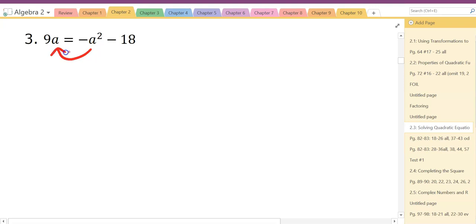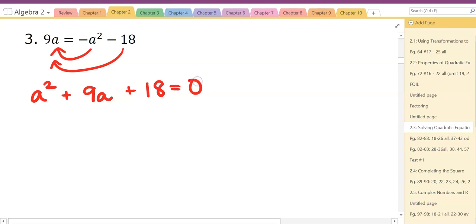I'm going to move these both over to the other side. So the a squared is going to come first now. Then you have that plus 9a that was already sitting over there. And then it says plus 18. And that's equal to 0. Okay, take another minute or two and solve this one.